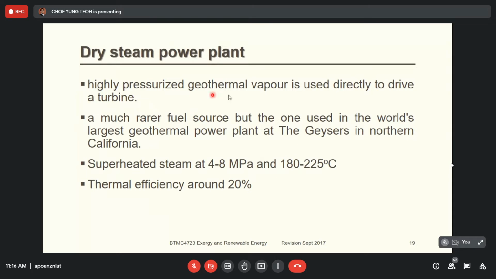Highly pressurized geothermal vapor is used directly to drive your turbine. It is a much rarer fuel source, but the one used in the world's largest geothermal power plant, The Geysers in Northern California. The superheated steam is at 4 to 8 megapascal and a temperature of 180 to 225 degrees Celsius. In this case, it has higher thermal efficiency, which is around 20%.